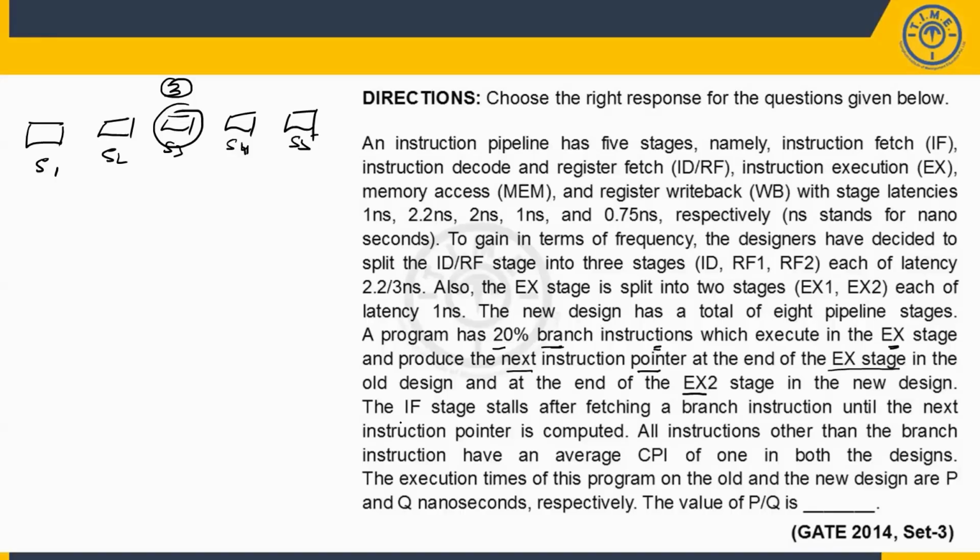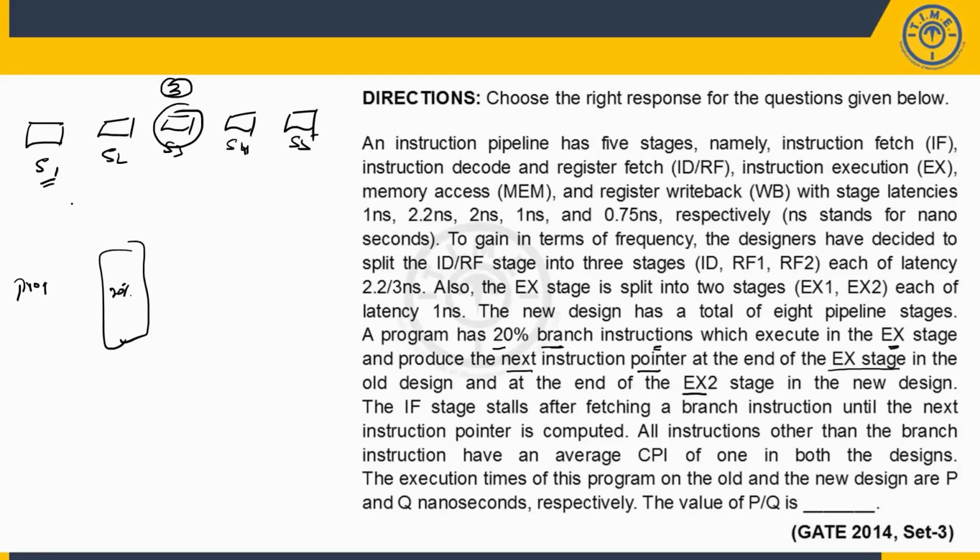The IF stage stalls after fetching a branch instruction. That means, let us say there is a program, and in the entire program, only 20% are branch instructions. Other than the branch instruction, when an instruction is fetched and goes to the next segment, this segment will take the next instruction.